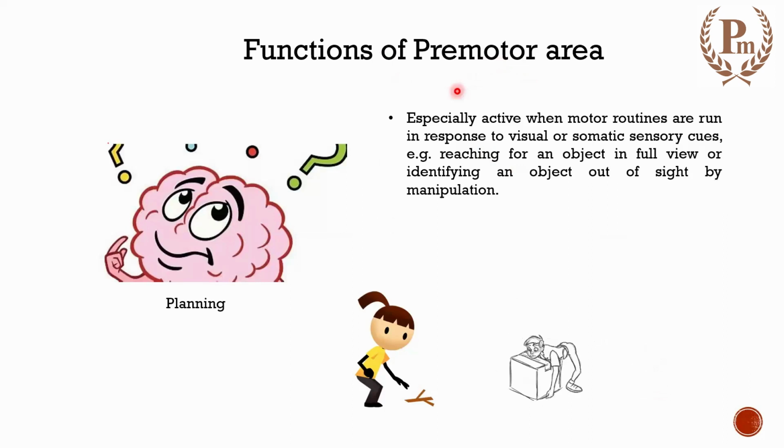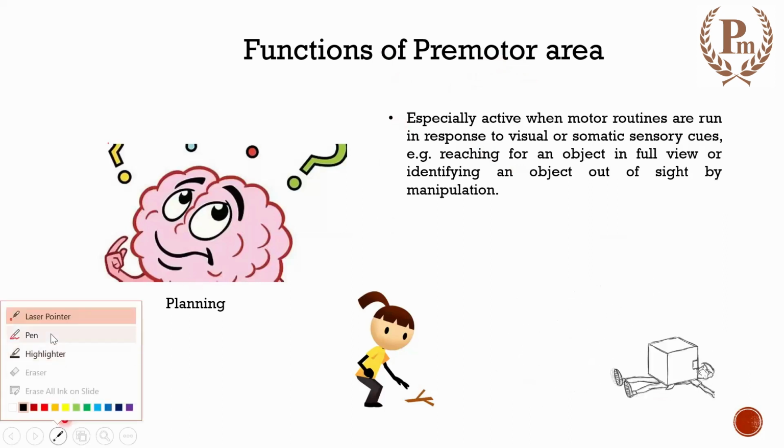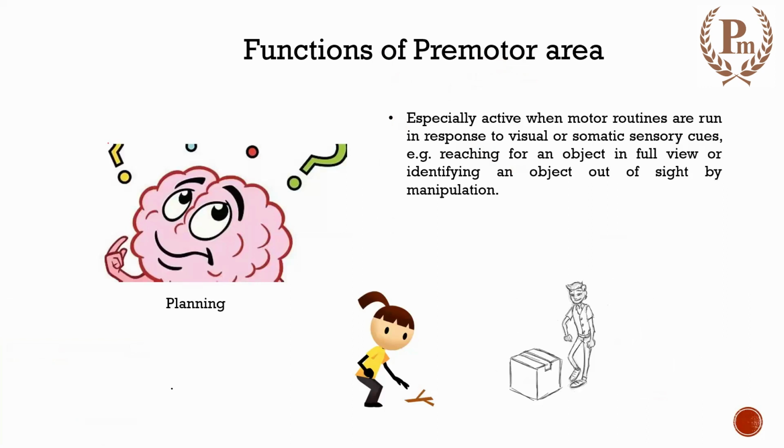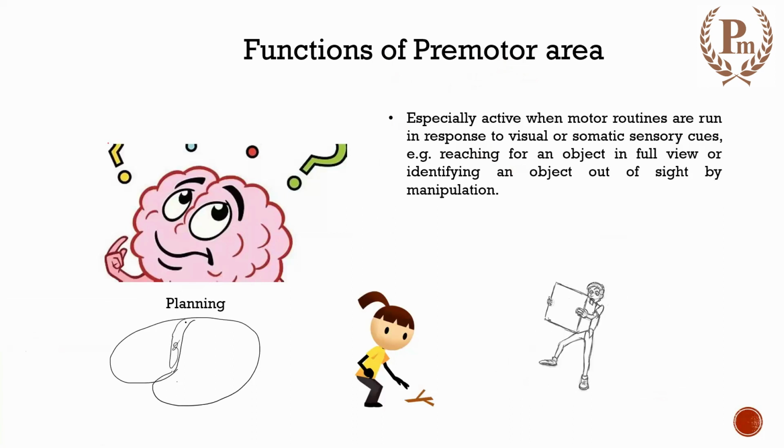So what is the function of your premotor? See, what have we seen about the premotor? Where exactly is my premotor? If I have to draw, if this is my central sulcus, here is my primary motor area, and in front of the primary motor area is my premotor area, right?